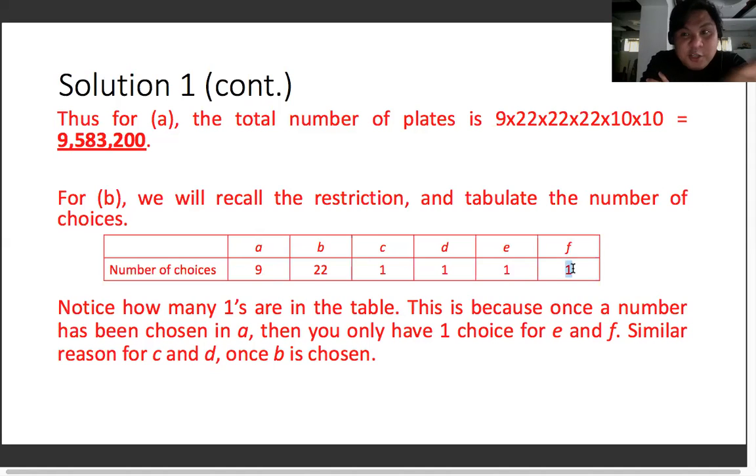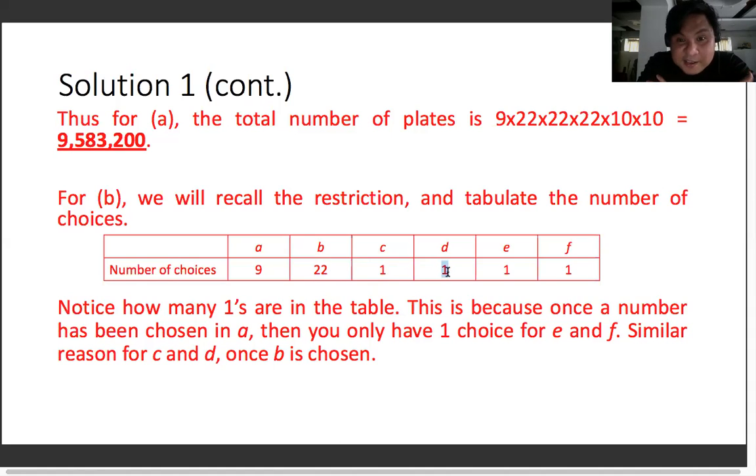Whatever you chose for position A. The same logic applies for the letters. So starting from position B, you have 22 possible letters to choose from. But once you've chosen a letter, that already narrows your choice for positions C and D.